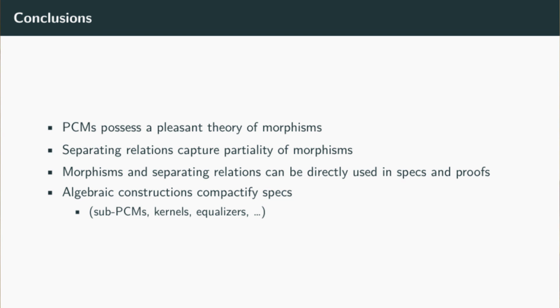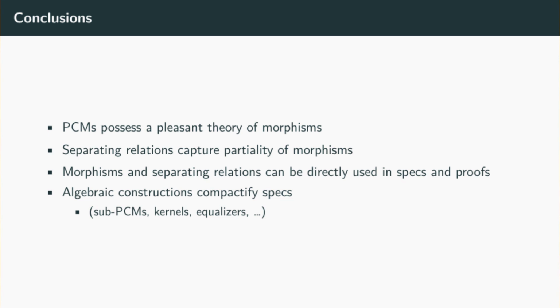We devise separating relations as domains where functions between PCMs are structure preserving. That is, separating relations capture partiality of morphisms. Morphisms and separating relations have direct use in specifications as the assertion language and they are used as abstraction mechanisms in proofs.